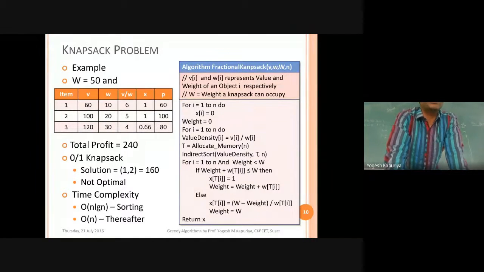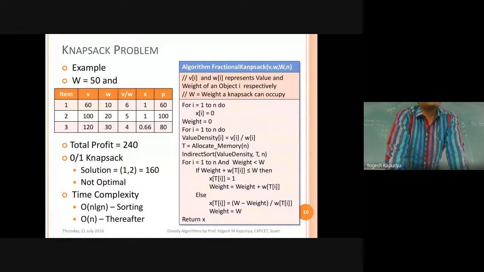We'll start picking an item from the highest value density, because that will give us a guarantee of maximum value per weight unit. So you will keep on doing this till your knapsack is full. That is what we will be doing in the greedy approach.